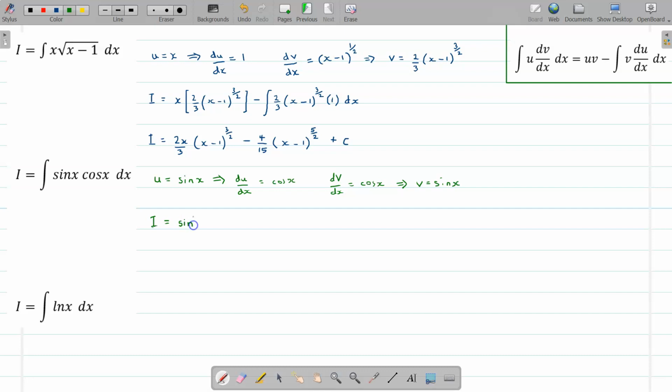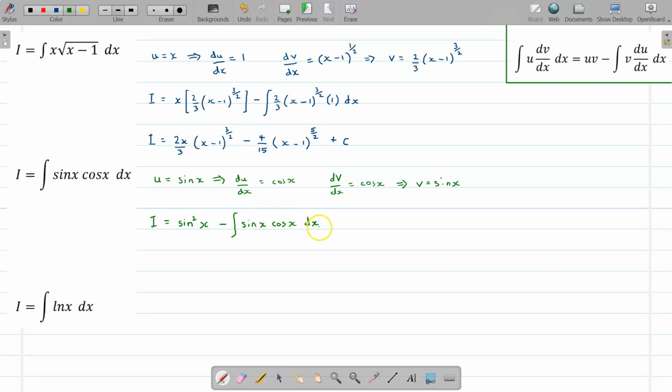I can put that in straight away like that, minus the integral of v, which is sine x times du by dx, which is cos x with respect to x.